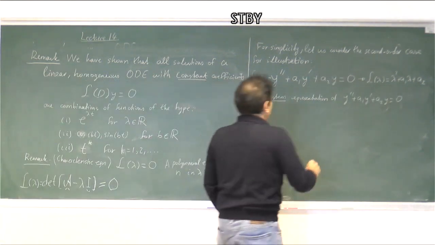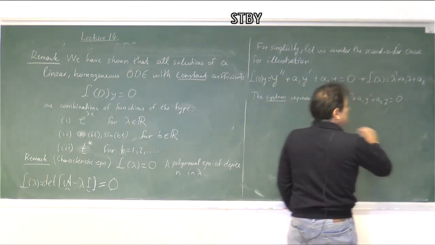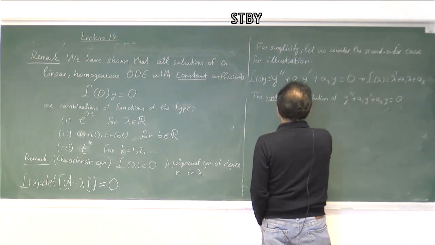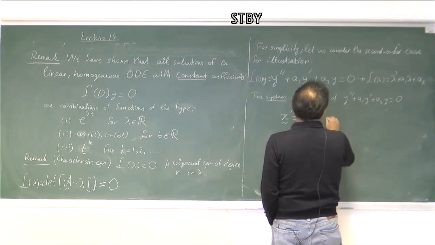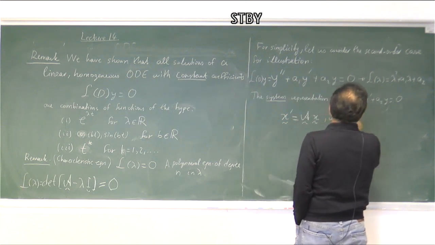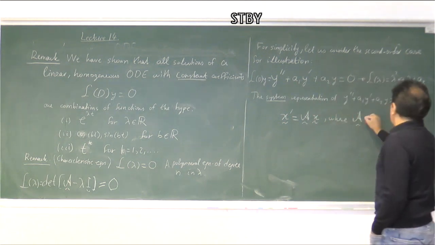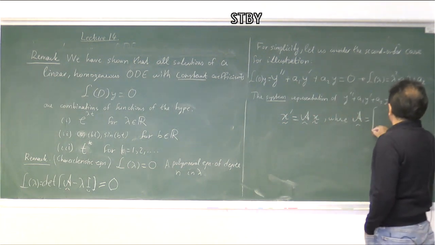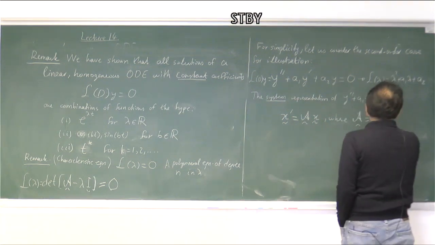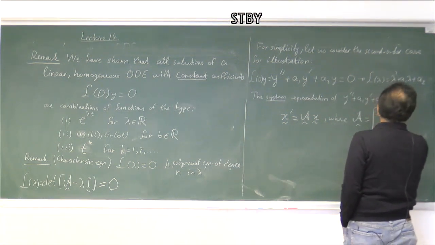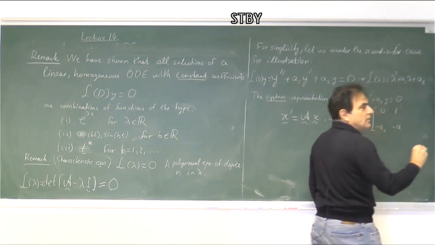The system representation is that x prime equals Ax, where the coefficient matrix is nothing but 0, 1, and minus A2, minus A1, right?